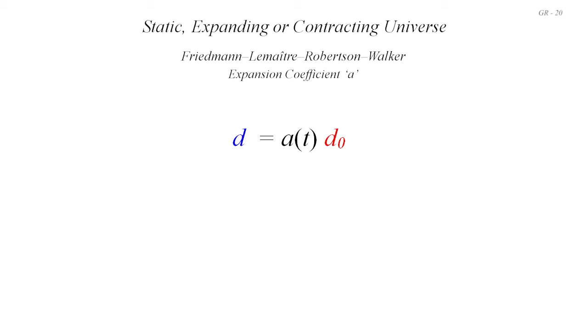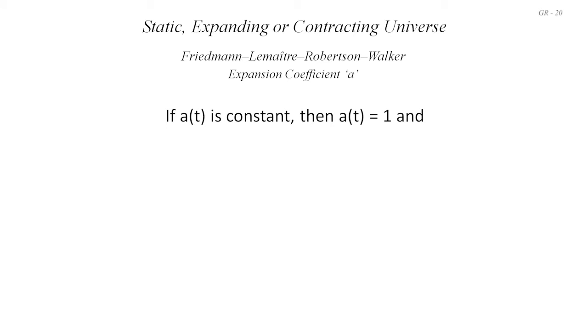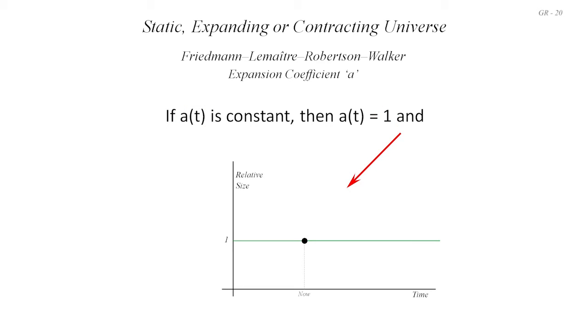Also, it should be fairly obvious that the expansion coefficient at time t0 must be 1, which means, trivially, that d0 is measured as d0. We're not thinking at this stage about what a will look like as a function of time. All we can say at the moment is that if the coefficient a is constant over time, then it must be constant at a value of 1, and we will have a static universe.